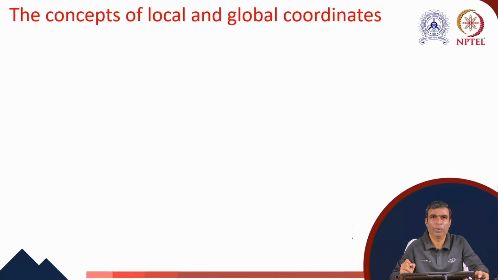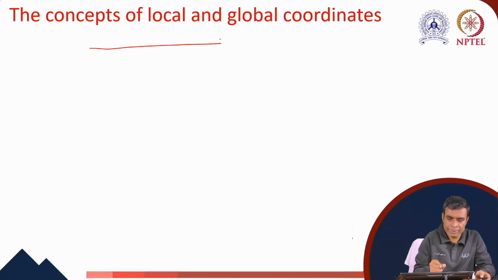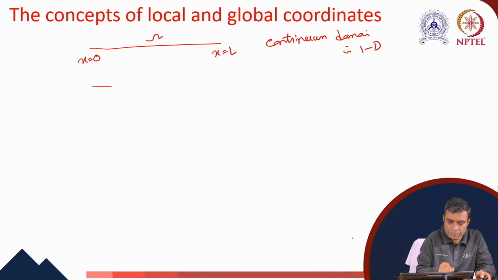So now we introduce the concept of local and global coordinates. Consider a domain. This is omega and this is x equals to 0 and this is x equals to 1. This is the continuum domain. In 1D, now we discretize the domain.